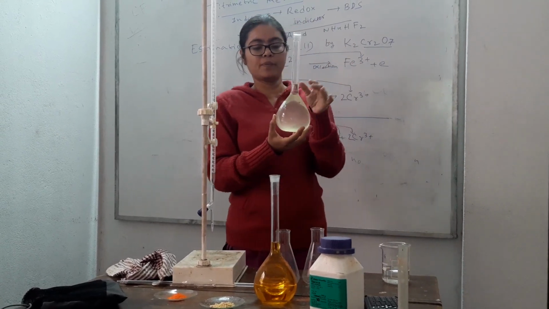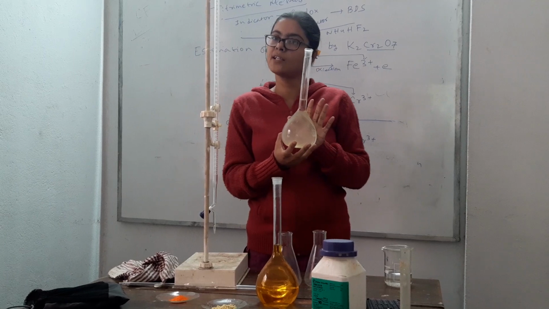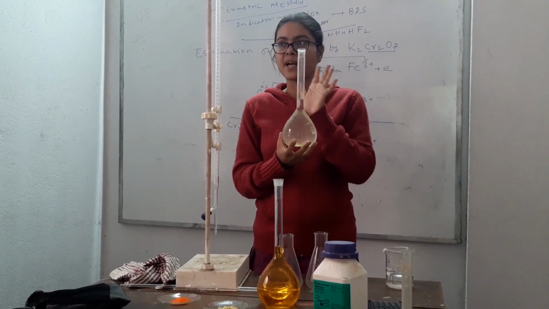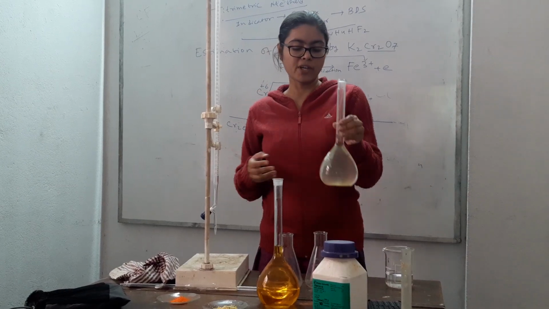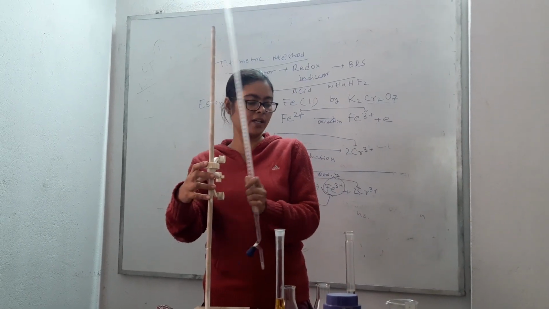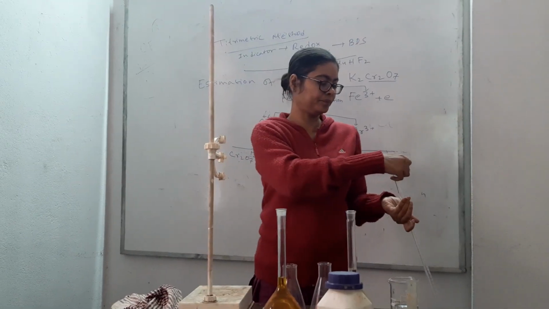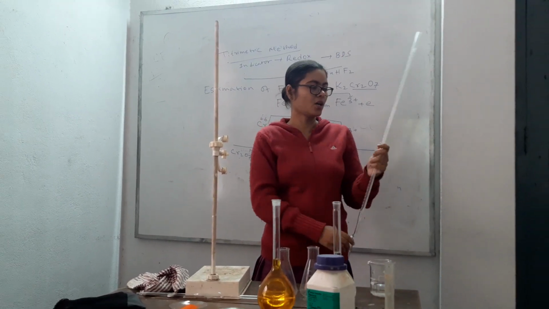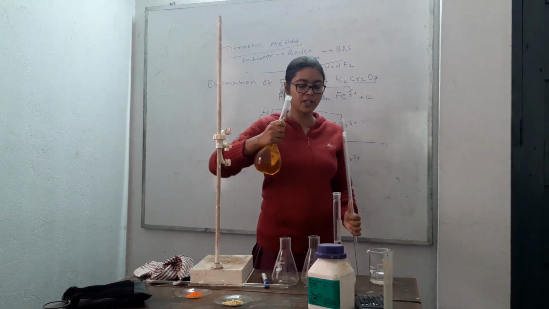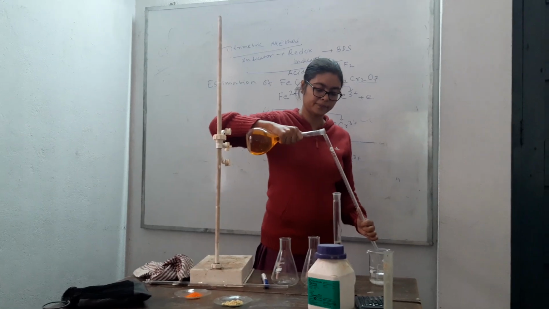So how much iron is present in this solution? We are going to estimate by titrimetric method. Now first of all, what we have to do, we fill the burette with the potassium dichromate. Let's start.